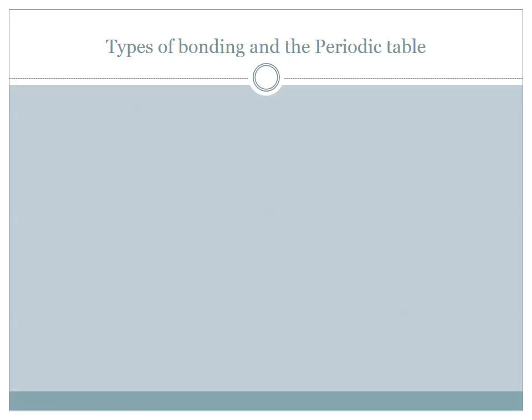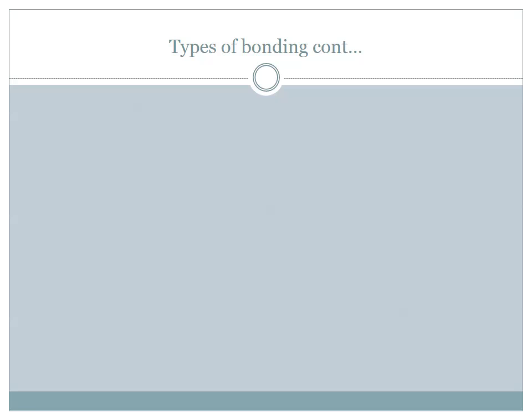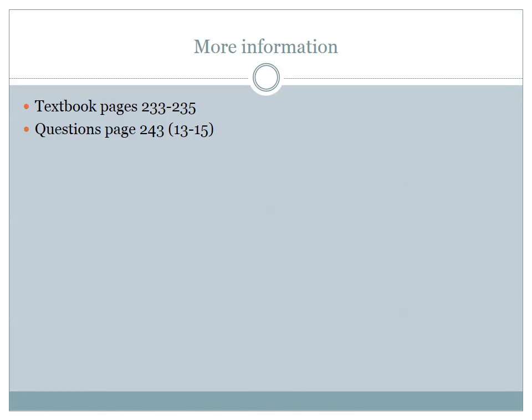Here's a bit of an overview of the bonding on the periodic table. If you want to have a bit more of a read, or you finish the exercises, numbers 5, 6 and 7 from the same sheet as last time with the ionic bonding, you can look at your textbook.